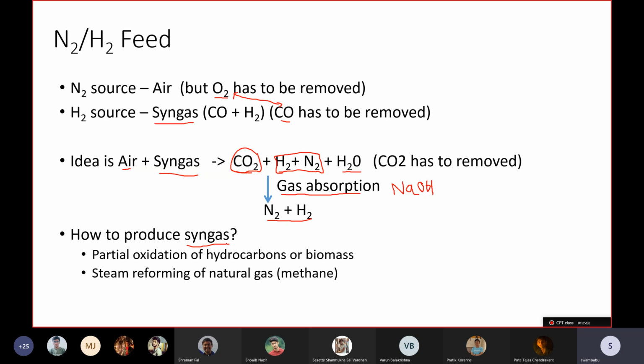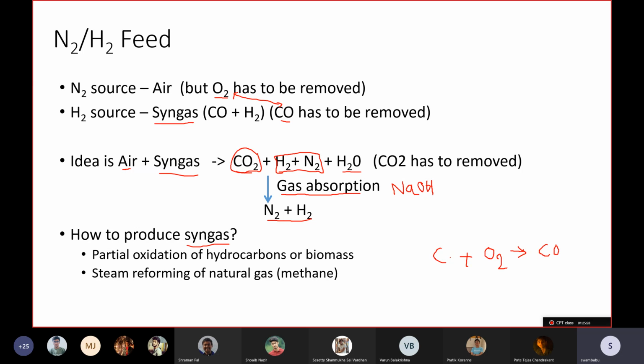If you take biomass like wood or any other biomass and do partial oxidation, it means if you have any carbon and it reacts with oxygen, it forms CO2.